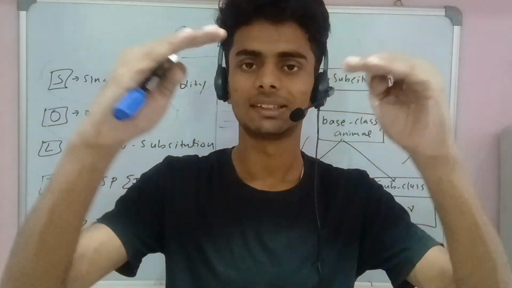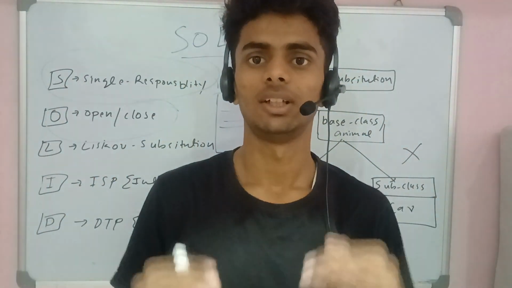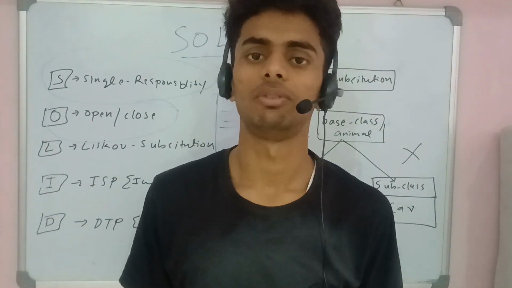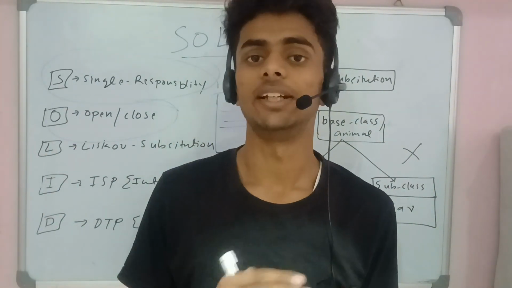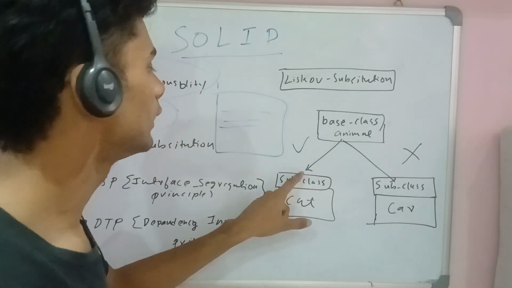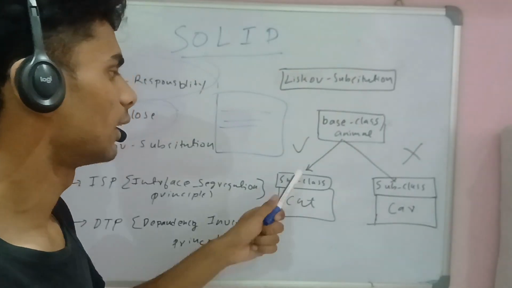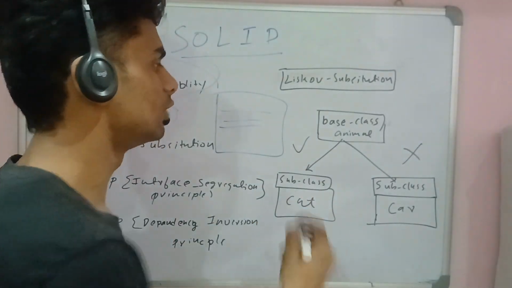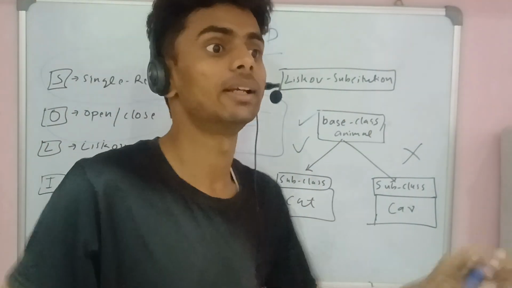So Animal is our base class. This is a universal set where all the animal names are dedicated to the base class. A subclass is all about subtypes, and the base class defines the particular behavior of the entire structure.